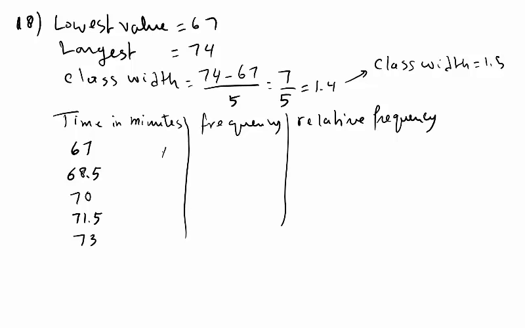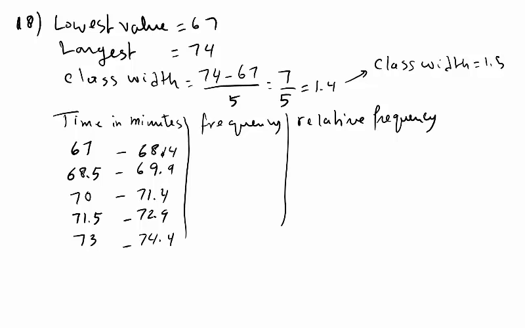Now here, go 0.1 behind 68.5, it will go 68.4, and then start adding 1.5, there will be 69.9, and then 71.4, and then add 1.5 will be 72.9, and then add 1.5 will go 74.4.